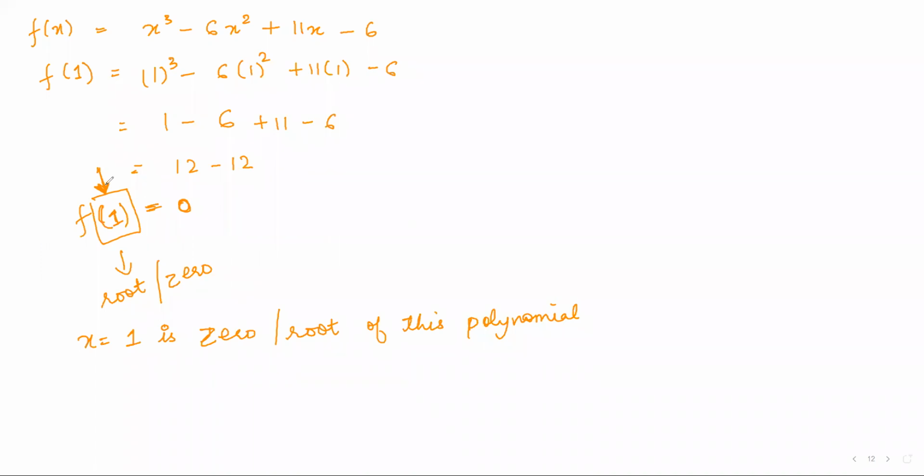So let us come to Exercise 2.2 now quickly. First question. Find the value of the polynomial. So some polynomial in x is given, which is 5x minus 4x square plus 3, right?